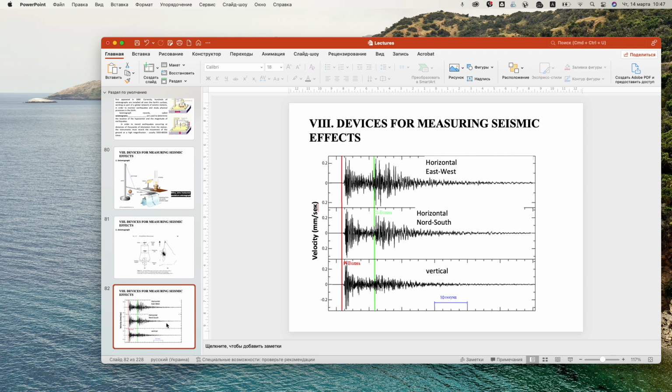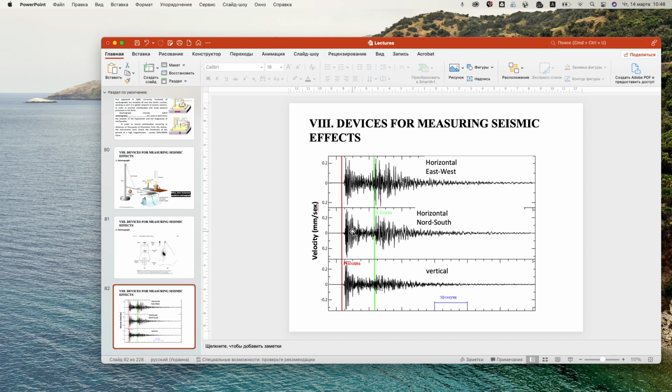And you can see that in this case, we can see one splash of deformations of the ground, and another splash of deformation. That is one earthquake. That is not two earthquakes.